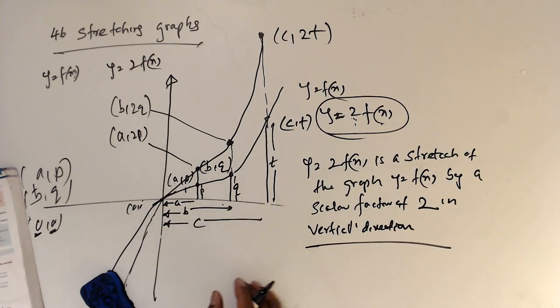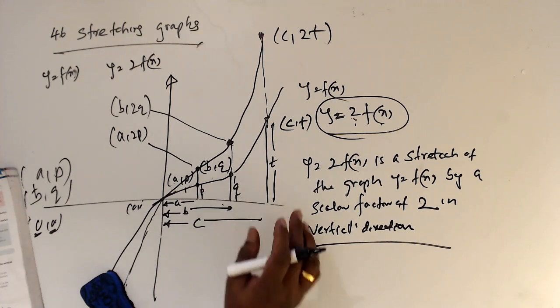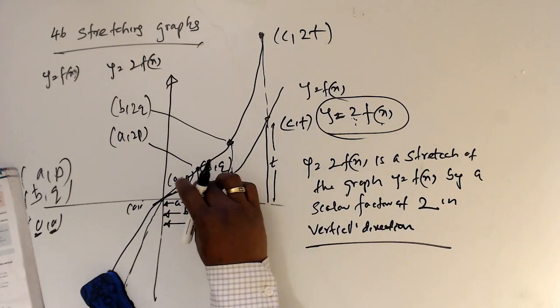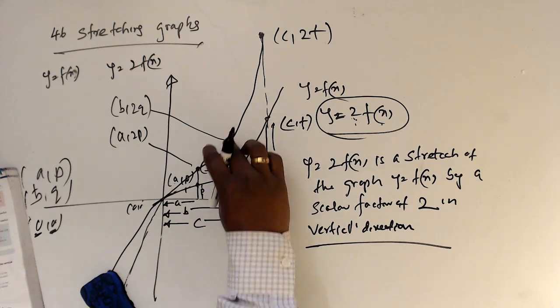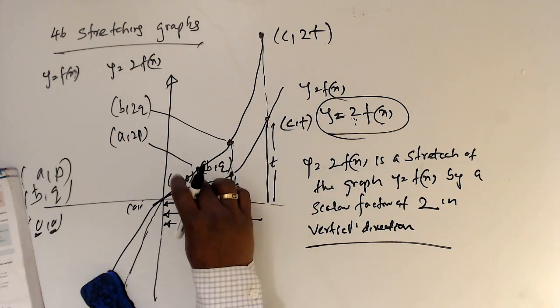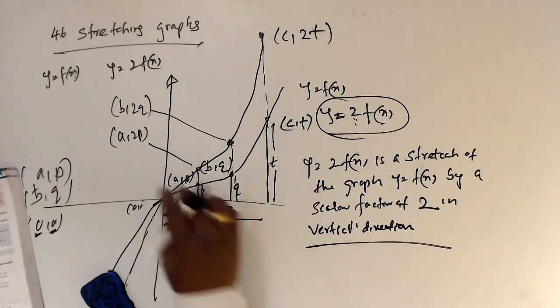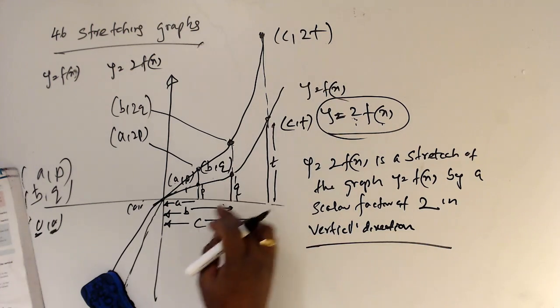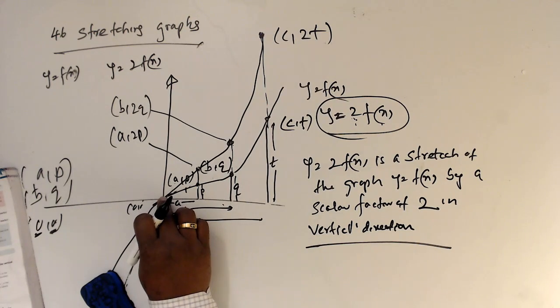As a summary, you keep x values, and if it is 2f(x), you double the height. p doubles to 2p, q doubles to 2q, t doubles to 2t, 0 doubles to 0.